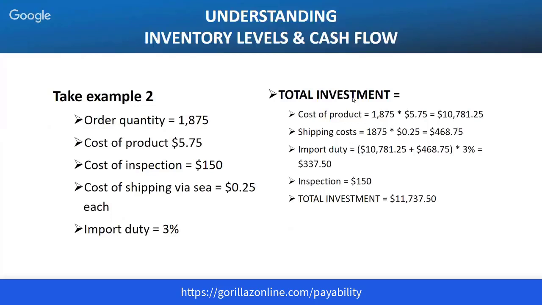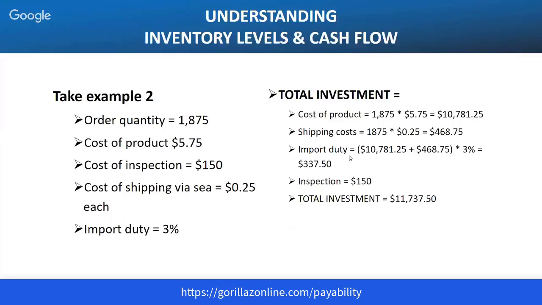So total investment required, cost of product, 1,875 times our product cost of 5.75 equals 10,781.25. Cost of shipping is 1,875 times our 25 cents, which is 468.75. Duty.